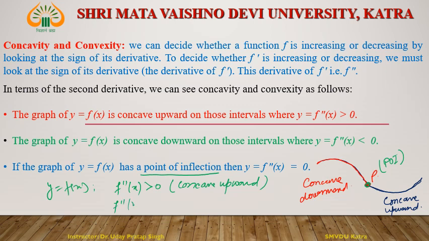If the double derivative is less than 0, then it is concave downward, and if the double derivative is 0 at that point, then this point is known as a point of inflection, but the condition is that the third derivative at this point does not equal 0. Okay, later on we will see one example.